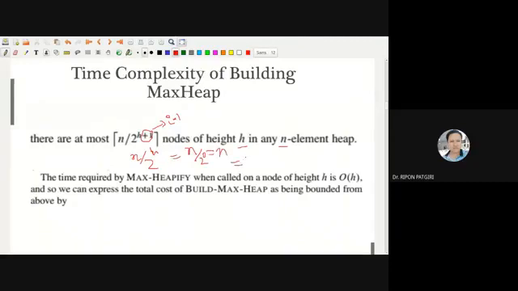If height is 1, n divided by 2 to the power 1, that means what? How many numbers are there? 15 numbers, right? n is 15. So 15 divided by 2 is 7.5, in integer it becomes 7. This way, if h increases, the total number of elements decreases.